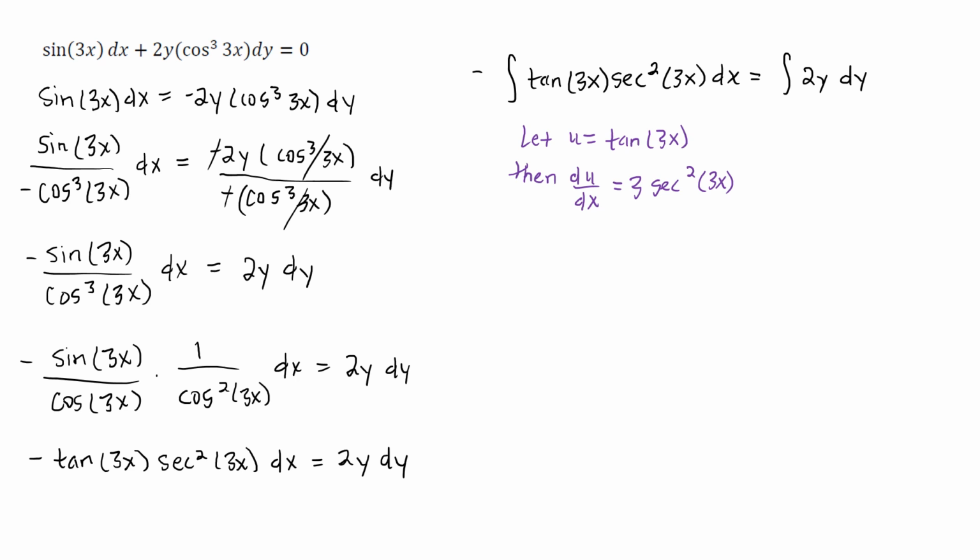Okay, so we want to substitute in for dx, so it's all in terms of u. So if we're solving for dx, we know du equals 3 secant squared 3x dx. Okay, so if we divide both sides by 3 secant squared 3x, we'll get du over 3 secant squared 3x equals dx.